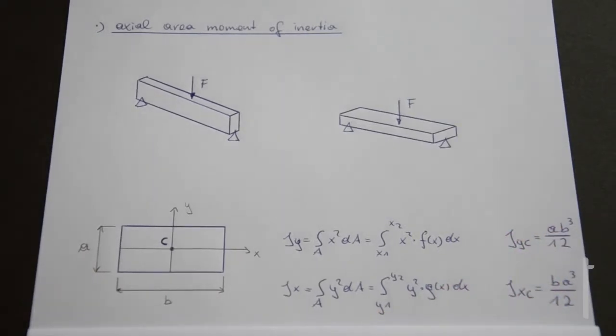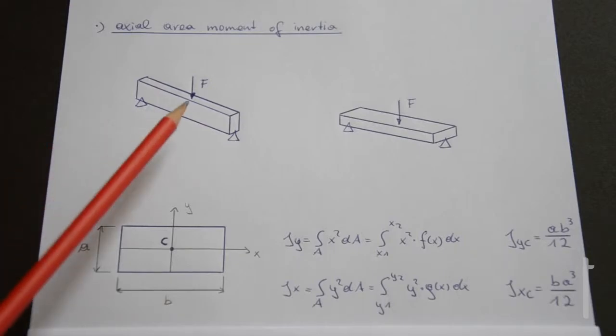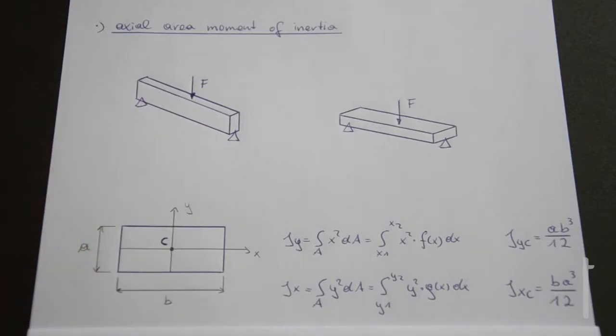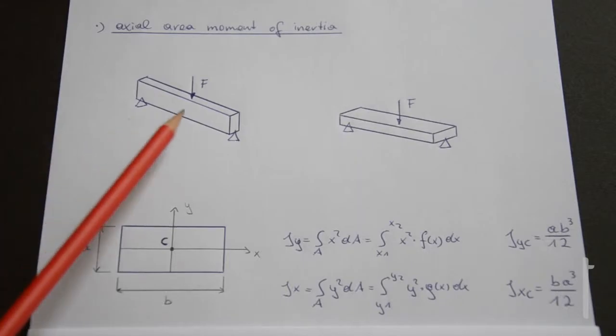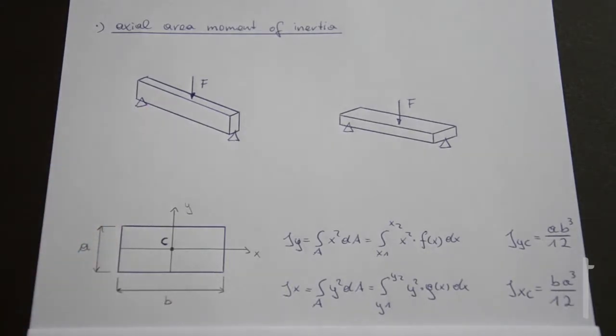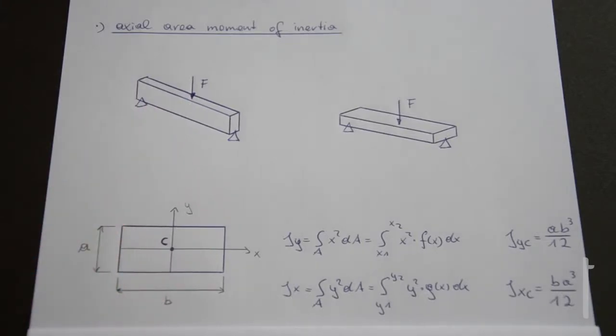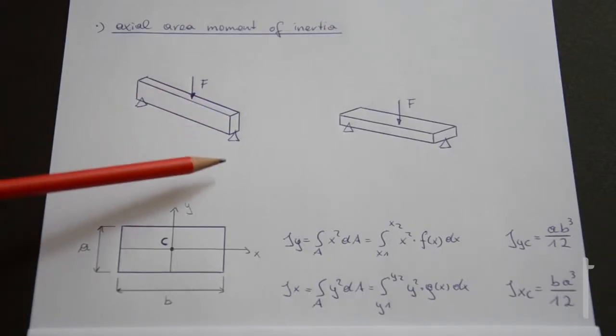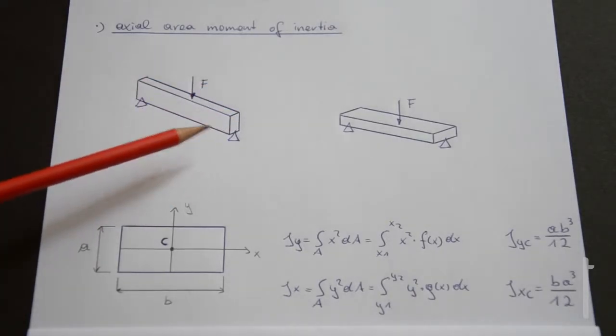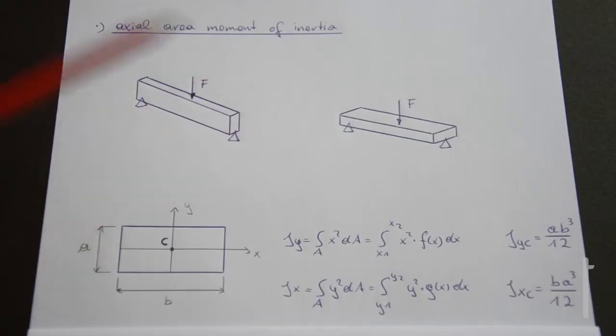Okay, well, now when you think back to the board we were looking at before, we suddenly realize why it is that the board in the left situation is bent less. Because if we imagine that this rectangle here was rotated in the first system here, the bending would be around the y-axis. Okay? So the x-axis would be up here, and this would be the y-axis.